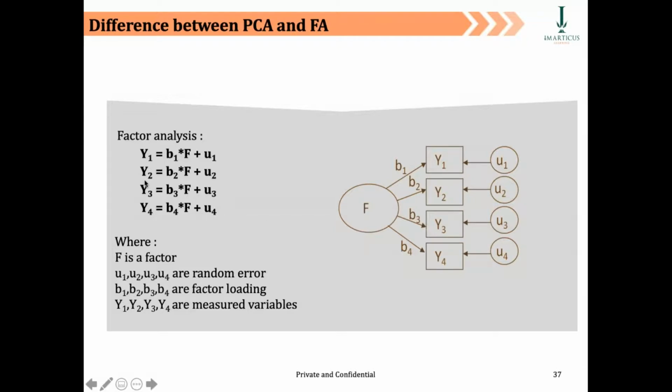So our y1 is related to b1, which is a factor loading. It's known as loading factor. And then f is a factor, and it is also combined with error.